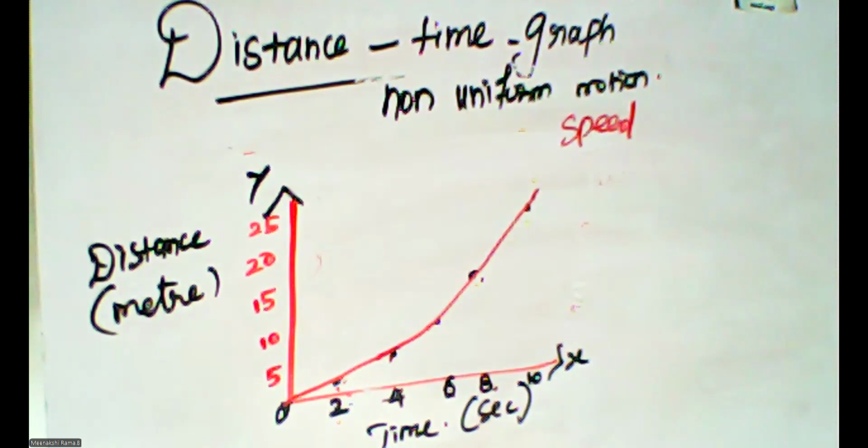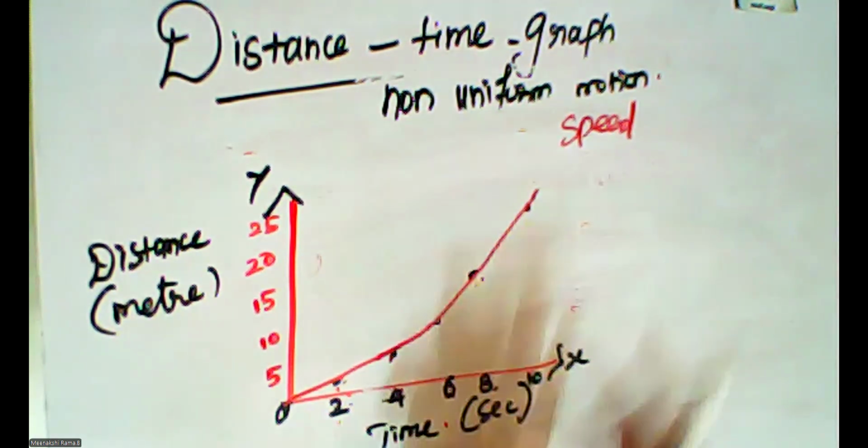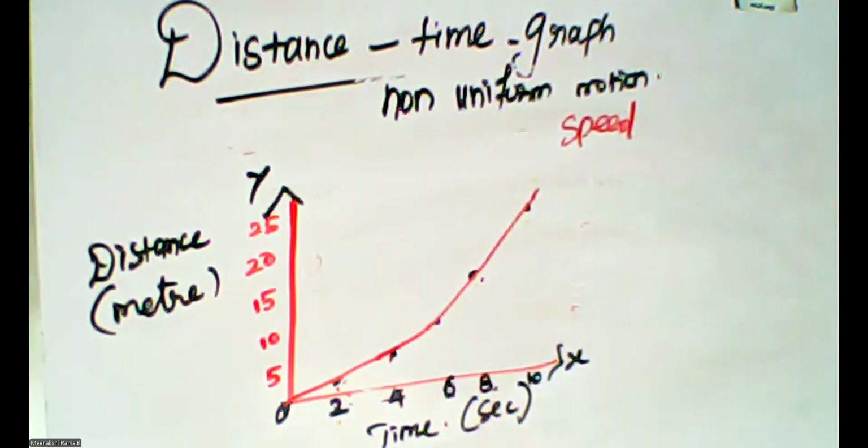Uniform means the person crosses equal distances in equal times. They maintain proper timing as well as distance. But here this person crosses the distance at different speeds.